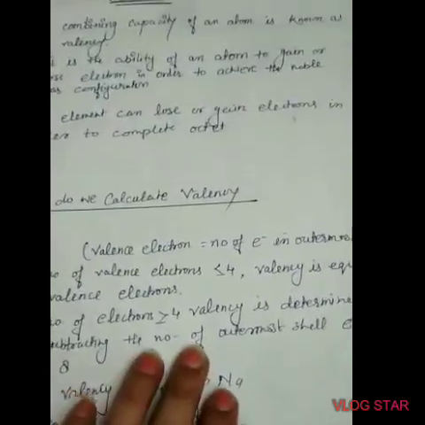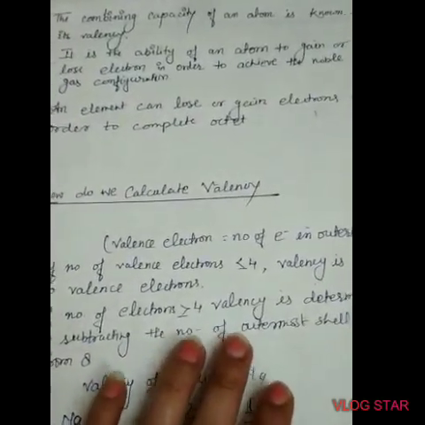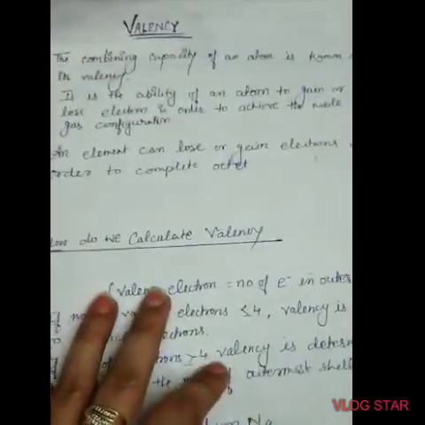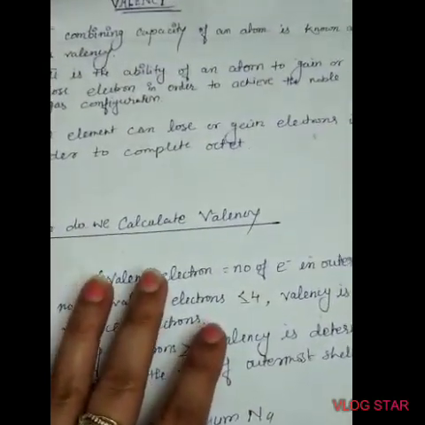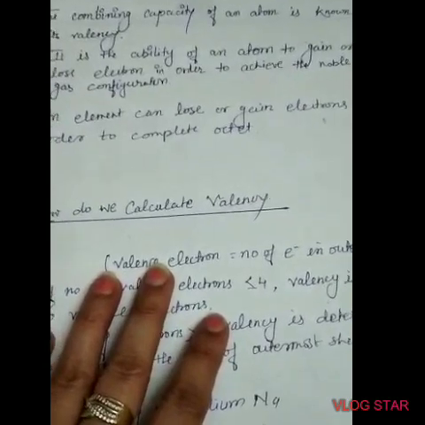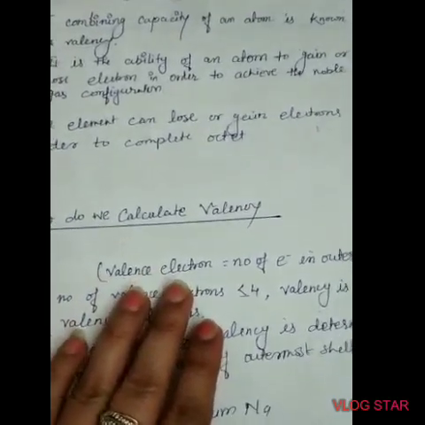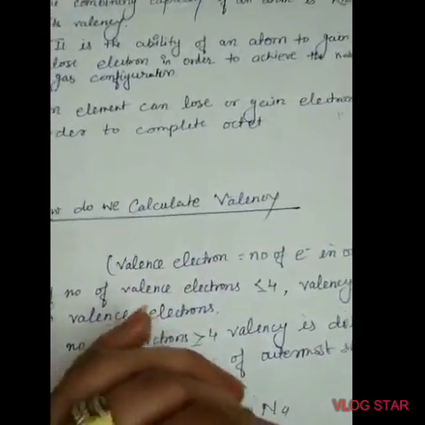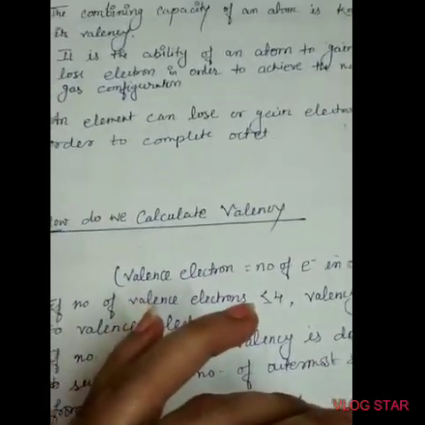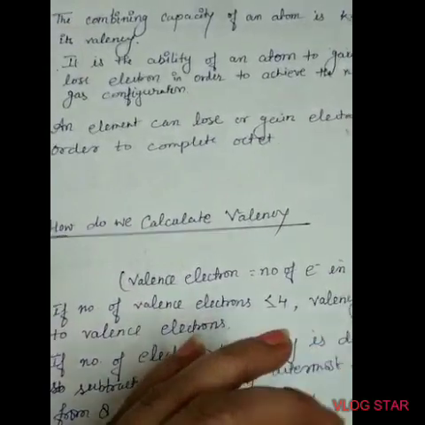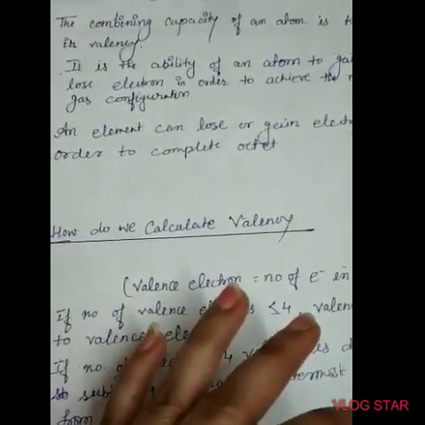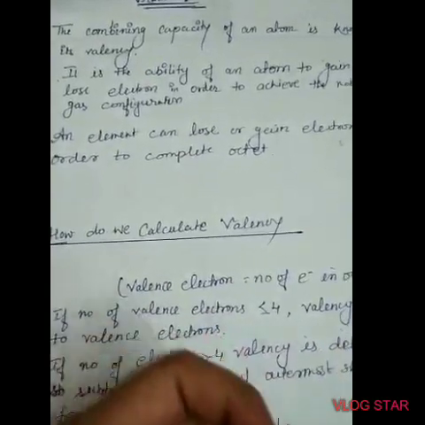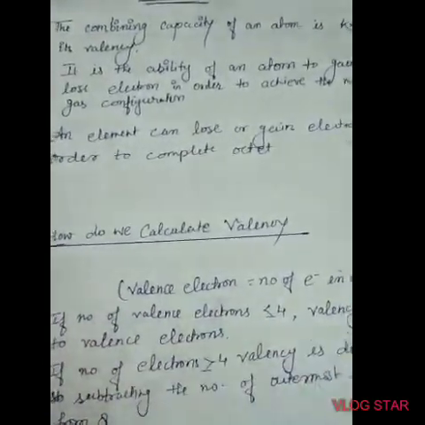To understand this, we should know about noble gas configuration. A noble gas element has 8 electrons in its outermost shell, so it doesn't need to react with other elements because it is the most stable. The rest of the elements need stability. They can lose or gain electrons to complete their octet.